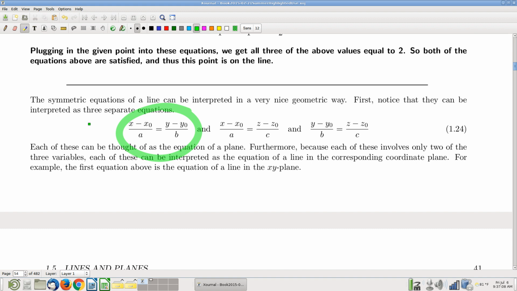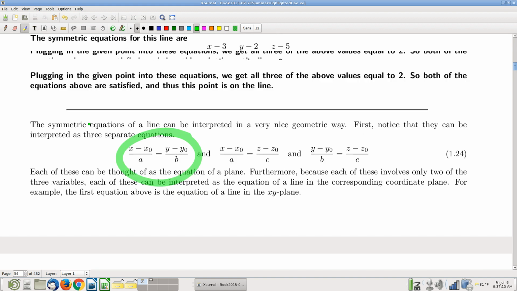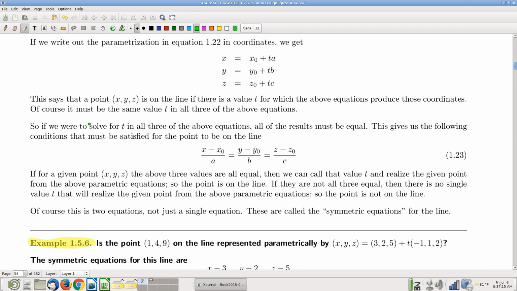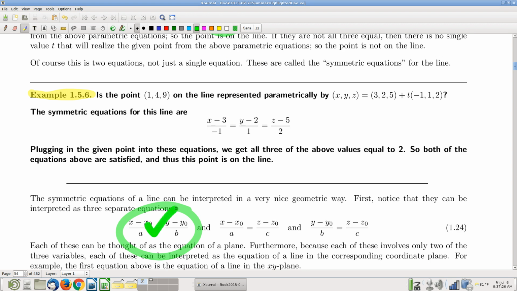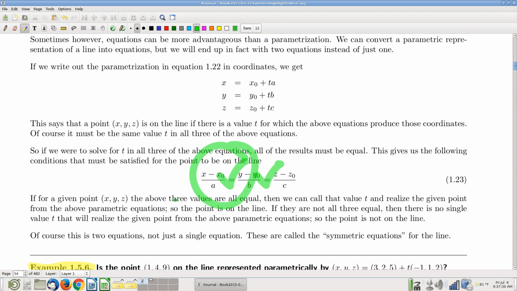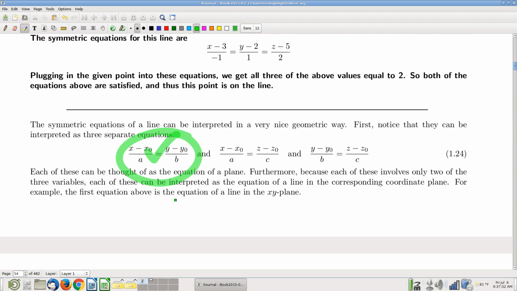How do I know that every point on the line is on the plane? Well, any point that's on the line satisfies both of these equations. Therefore, among other things, it satisfies this equation. So if it's on the line, it's definitely on the plane.